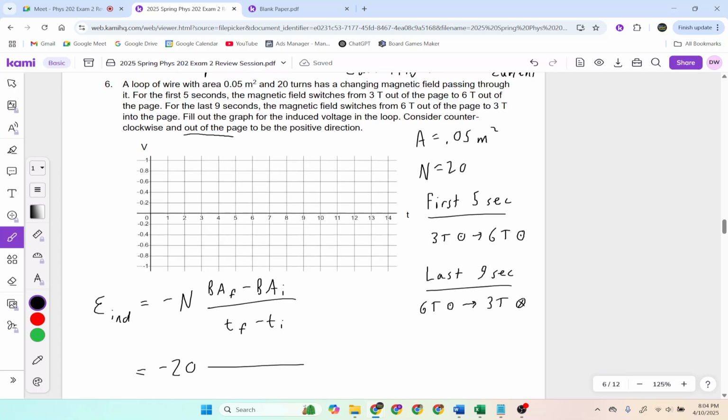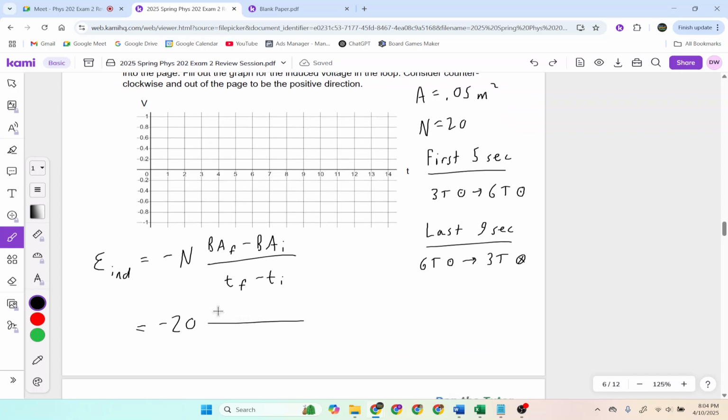Out of the page is positive because it says so in the question. Great. So 6 times area, 0.05, minus B initial. Initial is 3 out of the page, so positive 3. Minus positive 3 times area, which again is 0.05, and then divided by the time. This time is 5 seconds. So you plug this in a calculator, and we'll just get negative 0.6 volts.